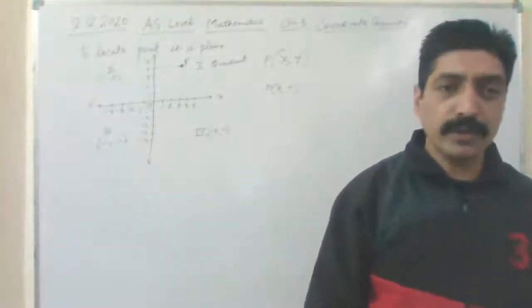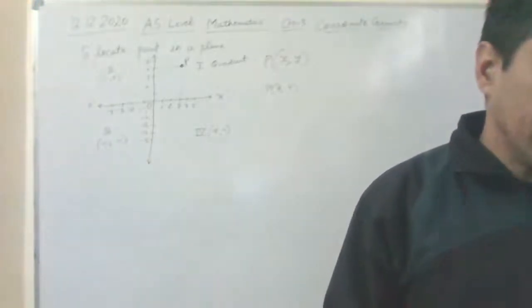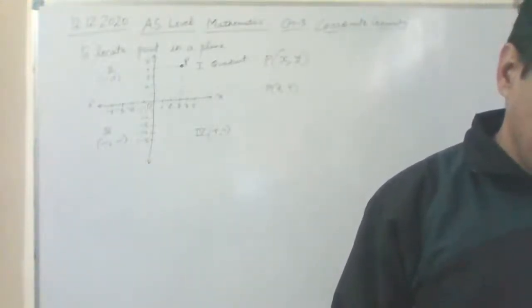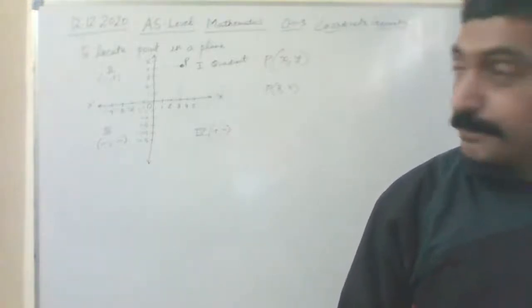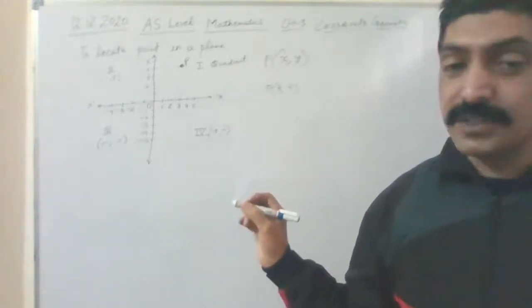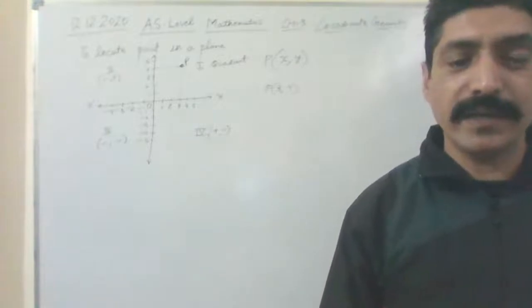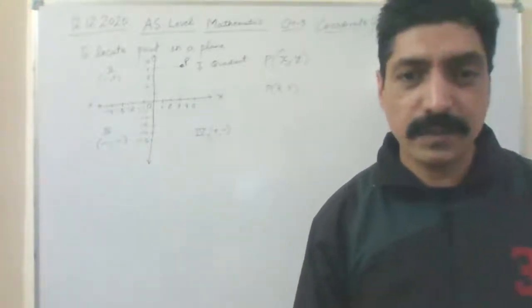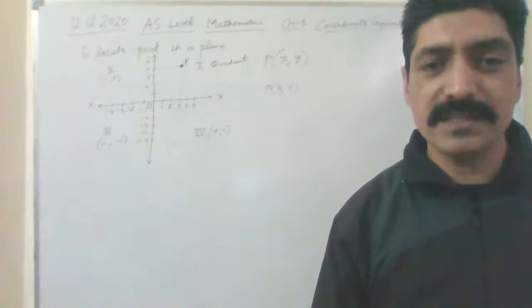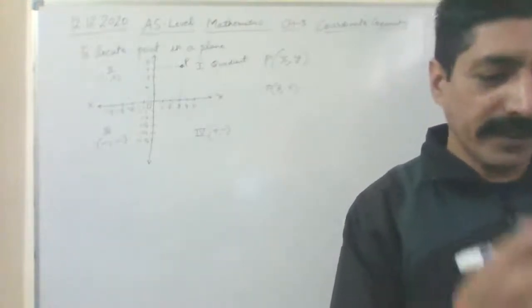So this is about your plane. Every point on this plane is denoted by a point x, y. X and y are the coordinates. X is called the abscissa and y is called the ordinate.